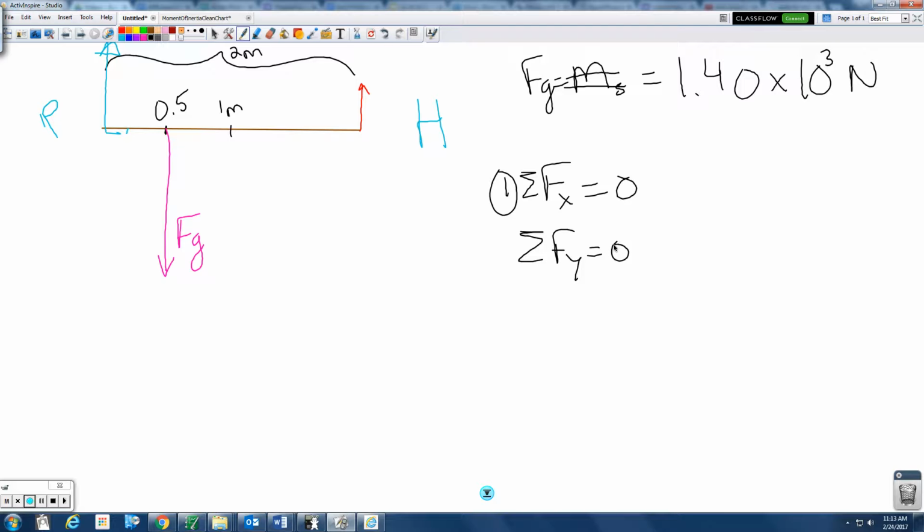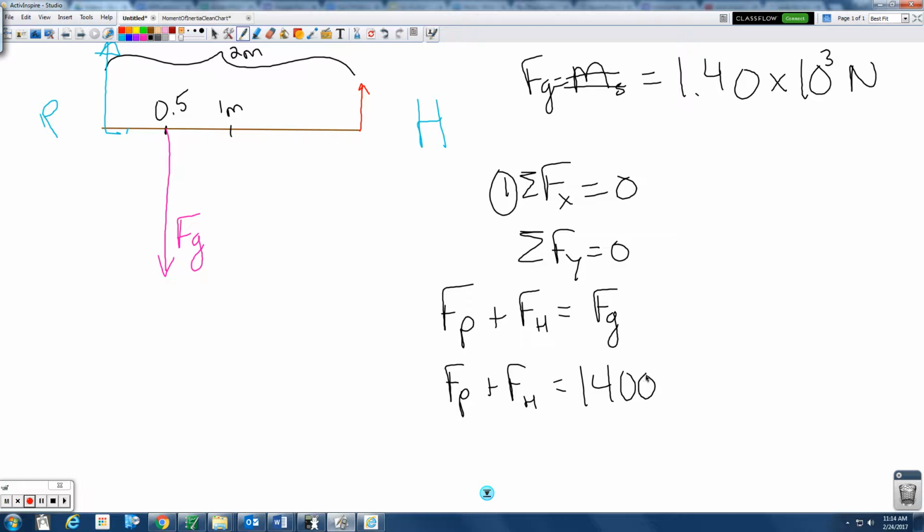So let's look at those. We have the force of Paul, we'll call up positive, plus the force of Henry, must equal Fg, the force of gravity or the weight of the sack. So we know that force Paul plus force Henry must equal 1400 newtons.